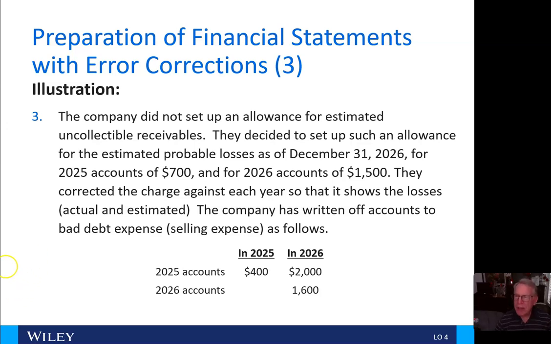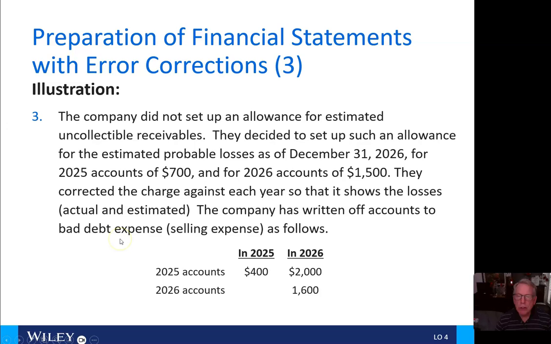When we left off, we were looking at correcting errors in the case of a company that did not set up an allowance for estimated uncollectible receivables. They decided to set up such an allowance for the estimated probable losses as of December 31, 2026 for the 2025 accounts of $700 here and $1,500 here.